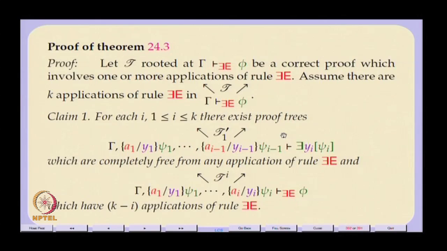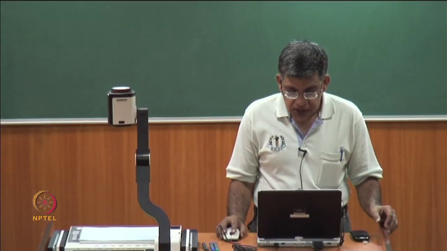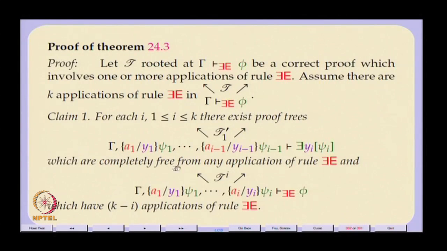And the act of removing these subtrees and getting modified proof trees means that all these proof trees Ti primes are completely free from any application of the rule there exists elimination, and with each modification at the ith stage of the modified original proof tree you get a proof tree T superscript i, which has these i extra assumptions and which proves phi, and of course, there are k minus i applications of there exists elimination in this proof tree, right.